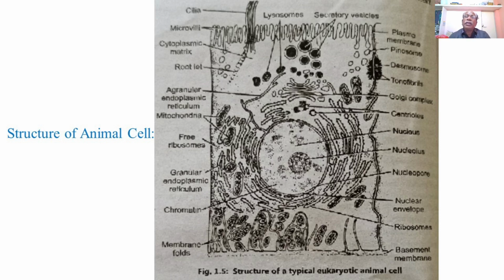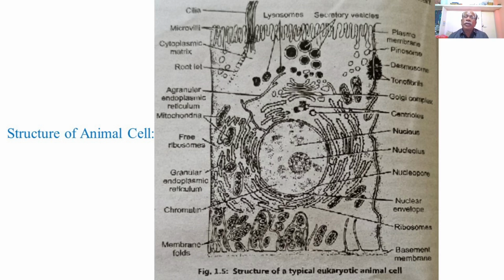So chromatin material in the form of chromosomes is present in the nucleoplasm, mainly containing double-stranded DNA or the genes, which regulate or control all the vital processes or activities of the cell.